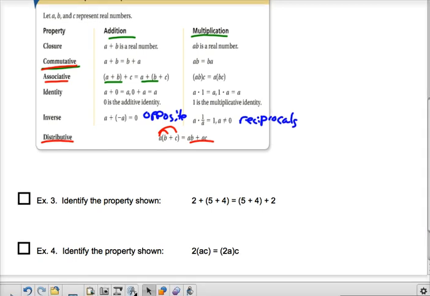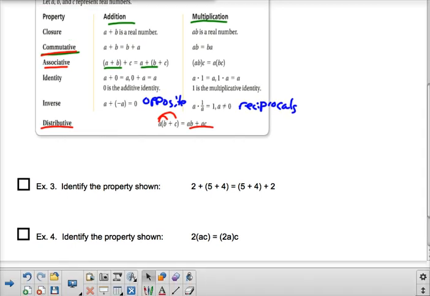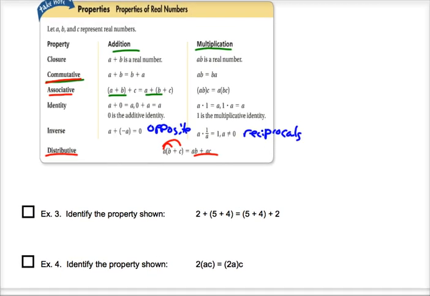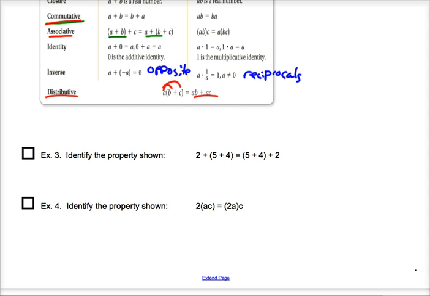All right, so what properties are being shown down here? In this one right here, things actually change order. So sometimes you might think, oh, the parentheses got switched around, but really what happened was this 5 plus 4, instead of being on the right, went to the left.